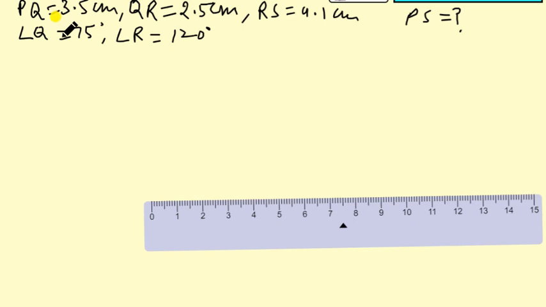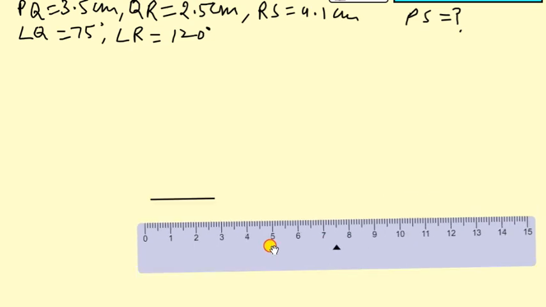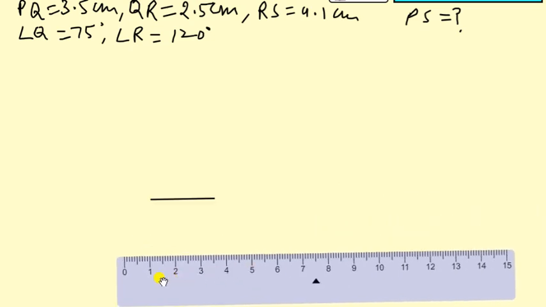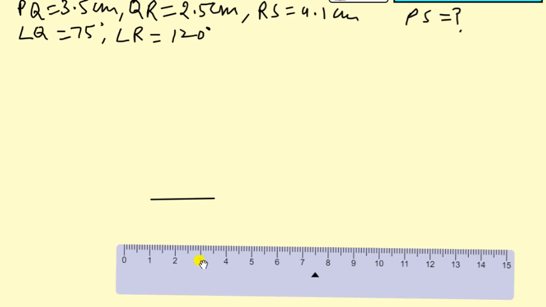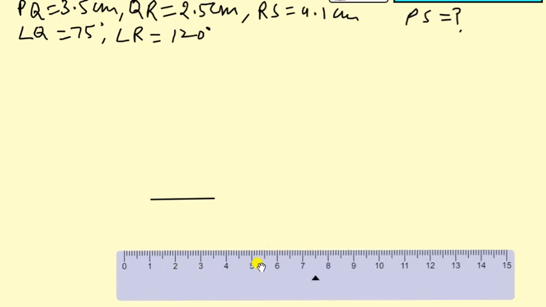Now, first of all, draw QR as 2.5 centimeters. It is QR and it is 2.5 centimeters. You can see it is 2.5 centimeters.